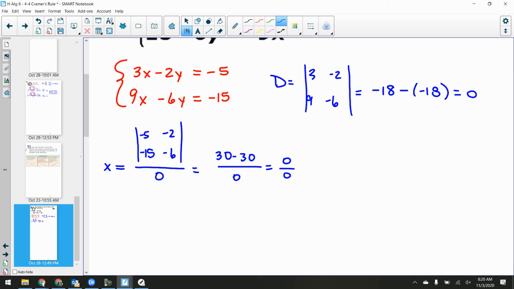I get a numerator determinant of 0. So that means infinite solutions. Coinciding lines. Consistent dependent. I don't even need to check why. As long as one of the numerator determinants turns out to be 0, then it's an infinite solution. Questions about that?